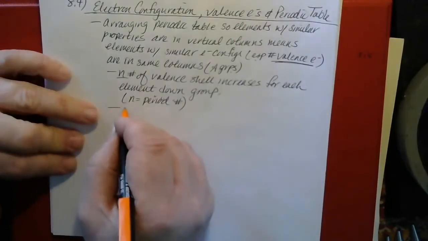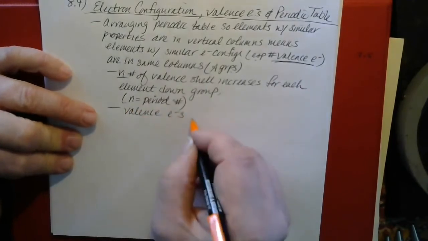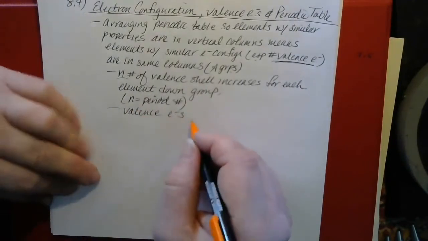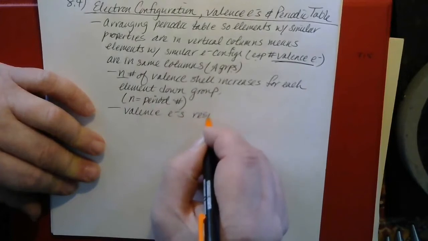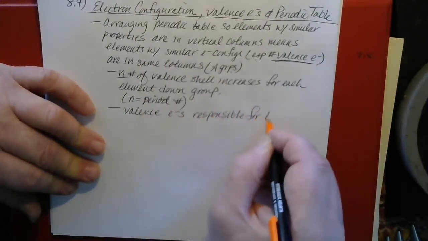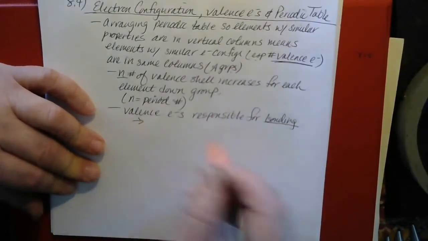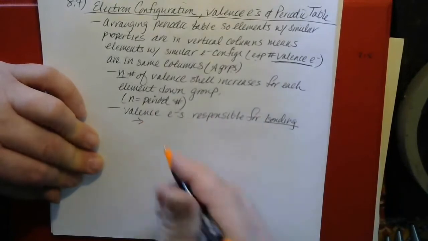This is important again because valence electrons are responsible for bonding. And bonding is what leads to chemical properties.